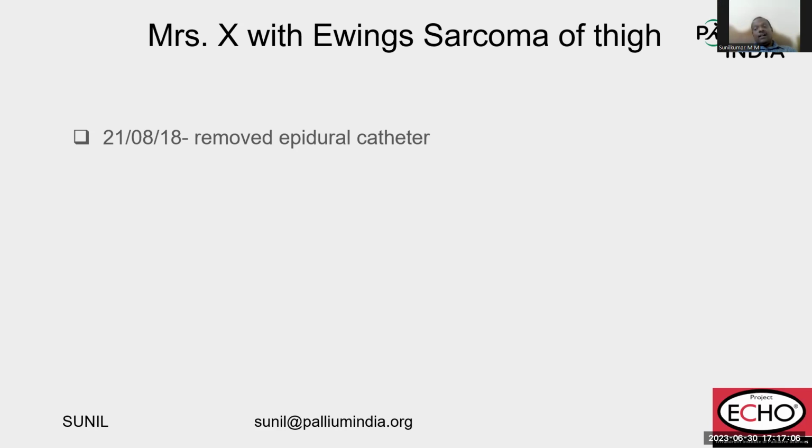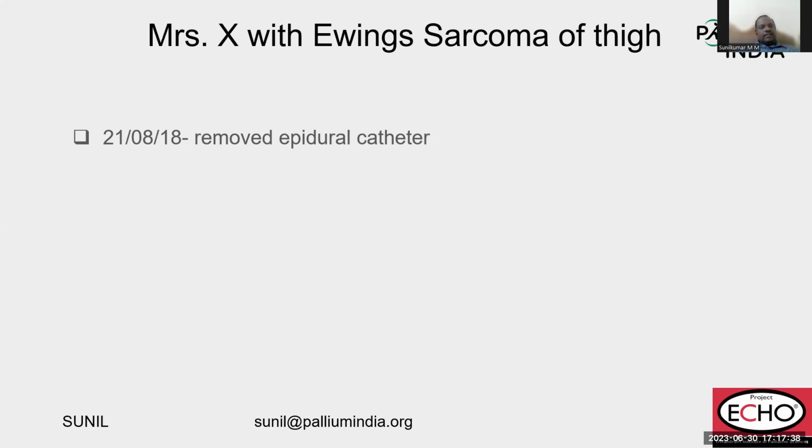I do not know, because I am not the person who put it; it was put by some other anesthesiologist, and this patient was not under our care. This was the history given by the patient. So probably maybe L2 or L3, I'm not sure. I don't know, maybe even in the upper levels.